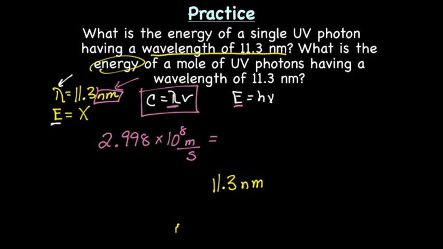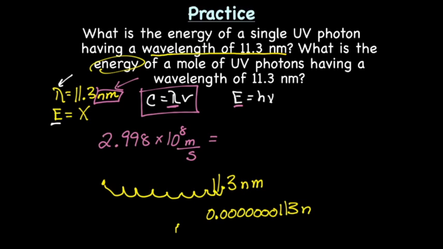To get to meters, we need to move the decimal to the left 9 times. So 1, 2, 3, 4, 5, 6, 7, 8, 9. We'll end up with 7 zeros. And now we're in meters. I don't particularly like all of those zeros, so I will change that to 1.13 times 10 to the negative 8 meters. And that's what we're going to plug in for lambda, so we can cross out our units.